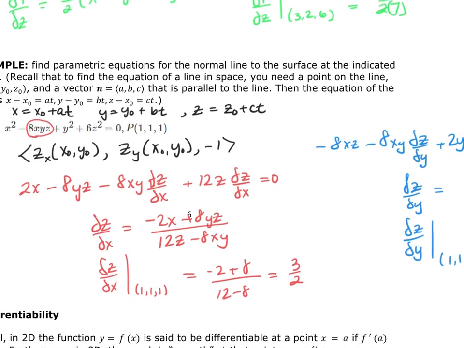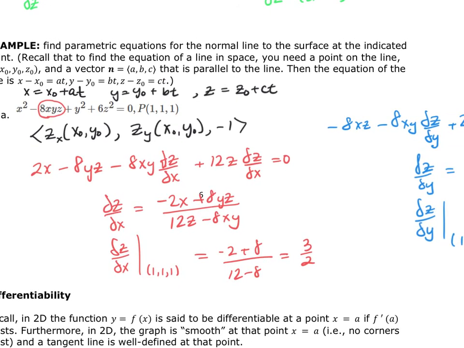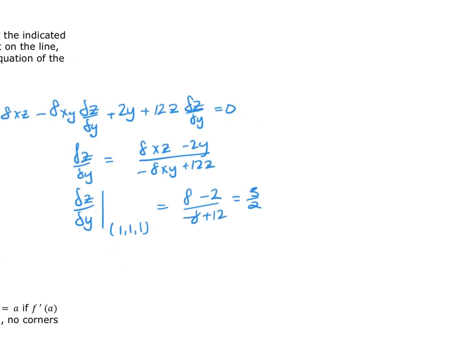Now, up here, we have the derivative with respect to x evaluated at x naught, y naught, the derivative with respect to y evaluated at x naught, y naught, and negative 1. If I then write these in terms of my point and my parametric equation, I'm going to end up with something that looks like this.